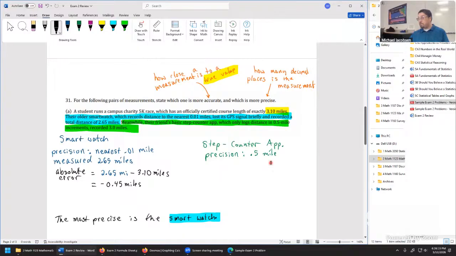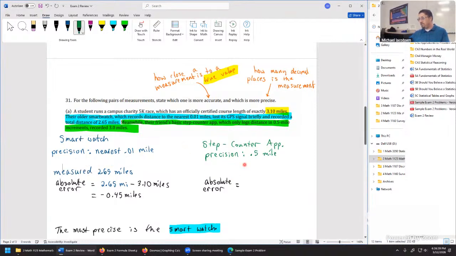Now for the step counter app, let's look at the absolute error on this one as well. On this app, let's see, I forgot to write down what it measured. See if I can just fit that in. It measured 3.0 miles. It's a basic application and it's just counting steps, which is assuming a stride length.